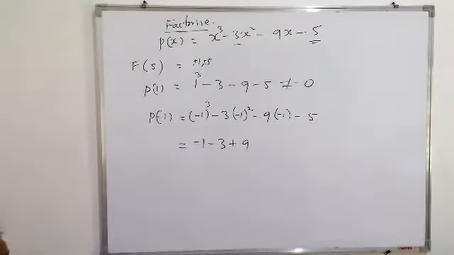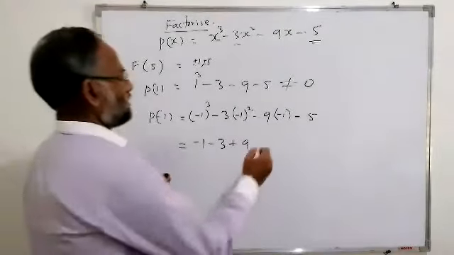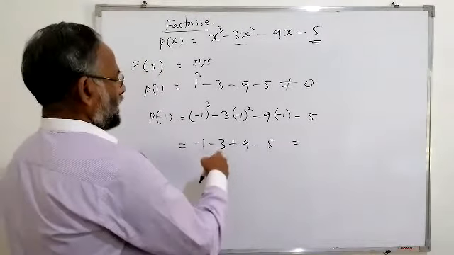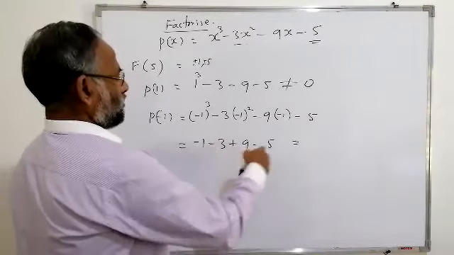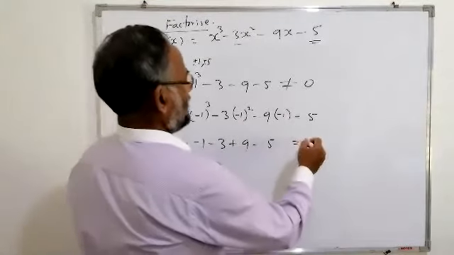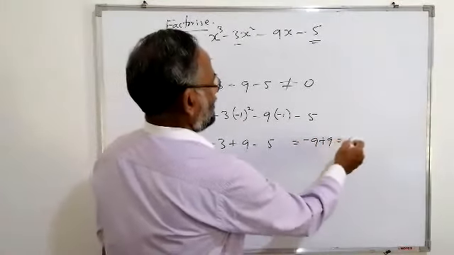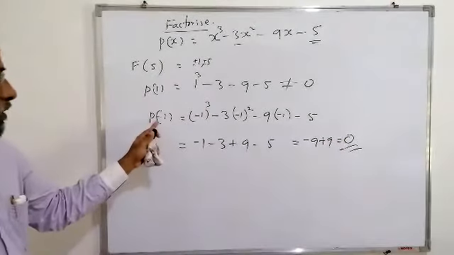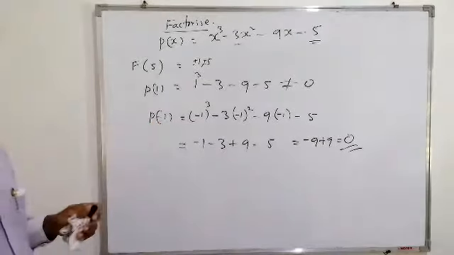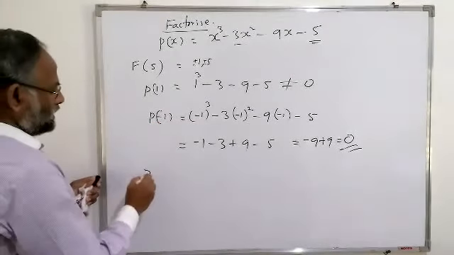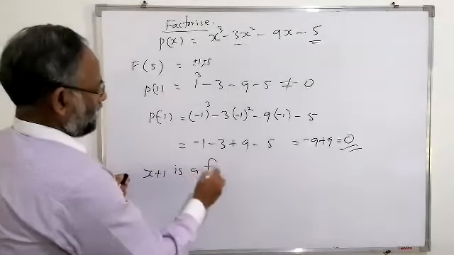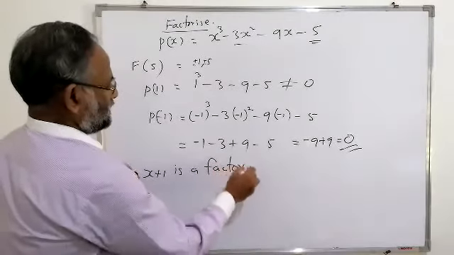And minus 9 into minus 1 is plus 9, minus 5. Now, minus 1, minus 3, minus 4, minus 5, minus 9 plus 9. That means 0. Okay, so P of minus 1 is equal to 0. That means x plus 1 is a factor.